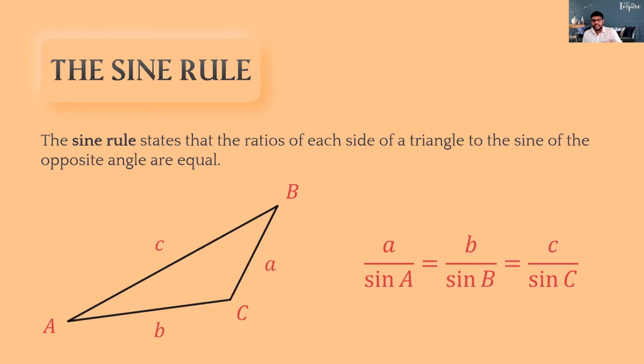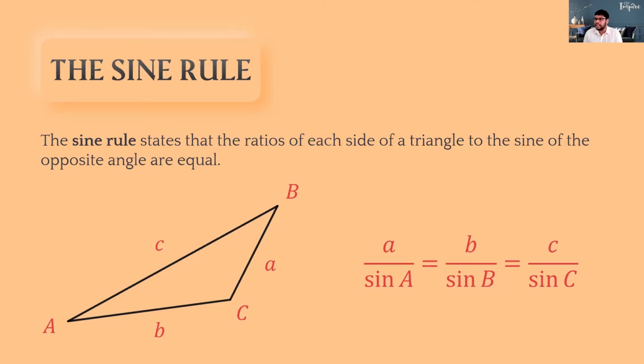The simple letters are the side lengths, children. So simple A, simple B, and simple C are the side lengths. The capital letters are the opposite angles. So you can see from simple A, the opposite angle is capital A. From simple B, the opposite angle is capital B. And from simple C, the opposite angle is capital C. Can you see that, children?